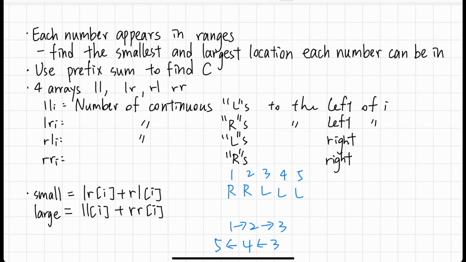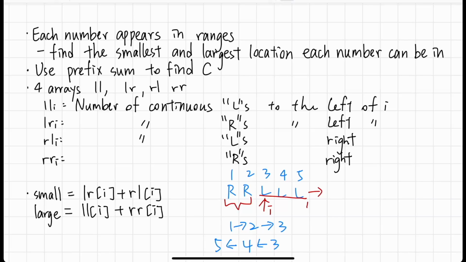So small will be defined as LR[i] plus RL[i], and large will be defined as LL[i] plus RR[i]. And this is because LR[i] represents the number of continuous R's on the left of i. So for example, if we have i at this position, LR[i] would be 2 because there's 2 continuous R's to the left, and RL[i] would be 3 because there's these 3 characters L here.